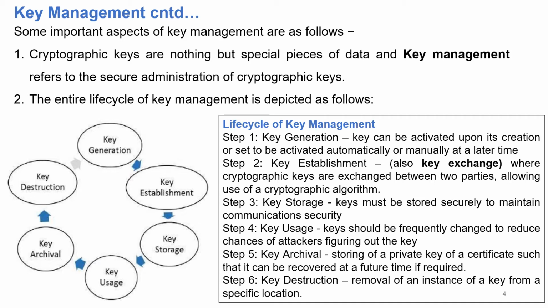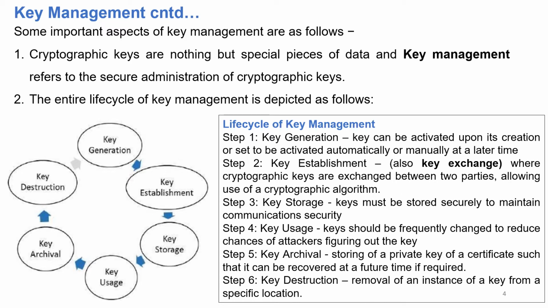Key generation is basically the creation of keys or the activation of an existing key. Next step would be to establish the key. Key establishment is also known as key exchange, where the cryptographic keys are exchanged between two parties, usually the user and the sender. This key exchange is also usually done by using a cryptographic algorithm.